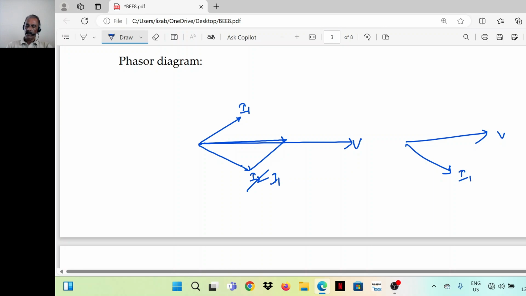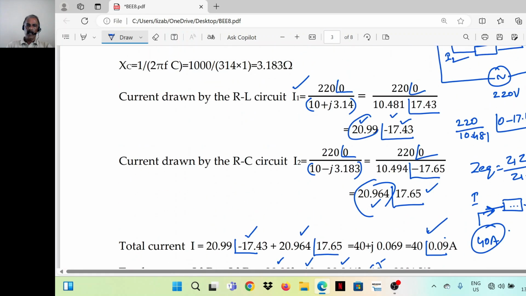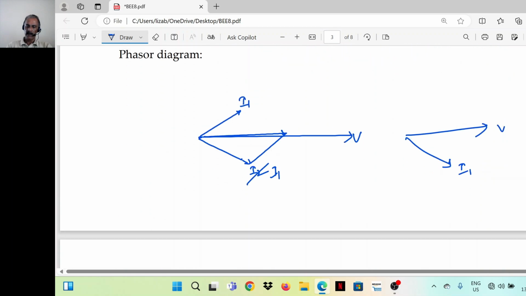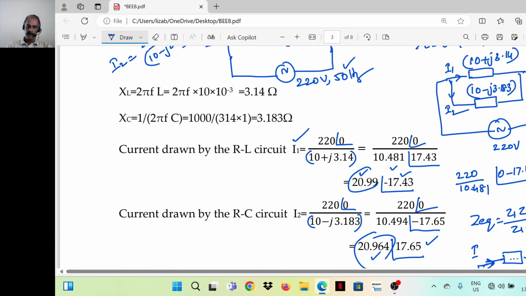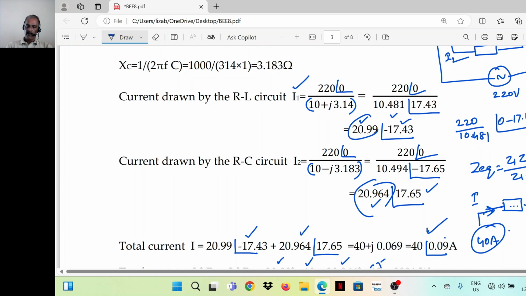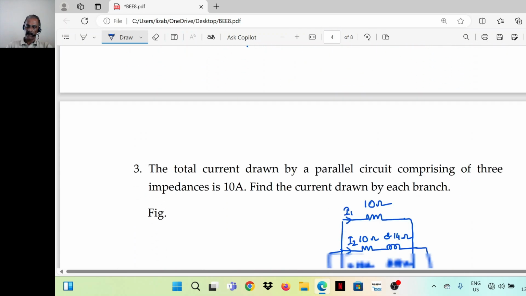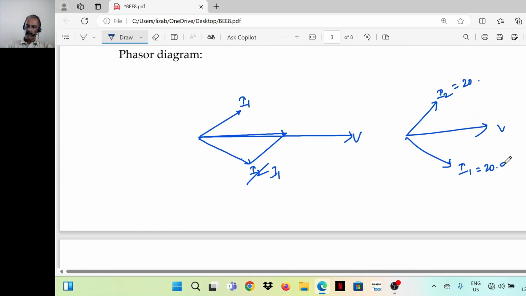I2 is 20.96 angle 17.65. I1 is 20.99 and this is 20.96.